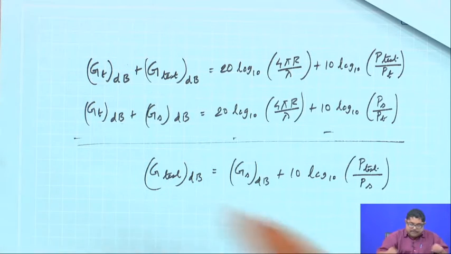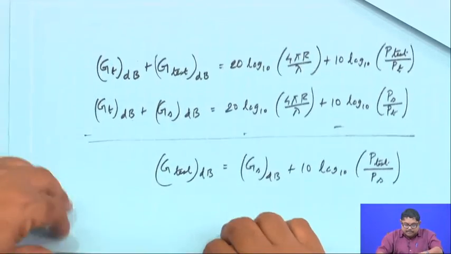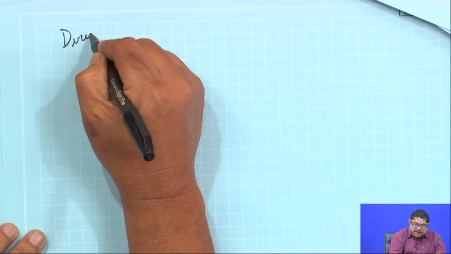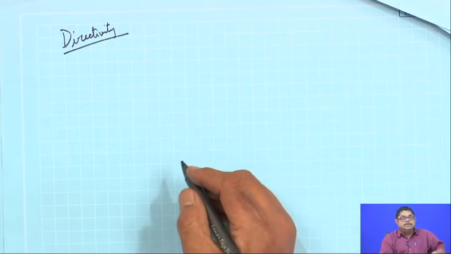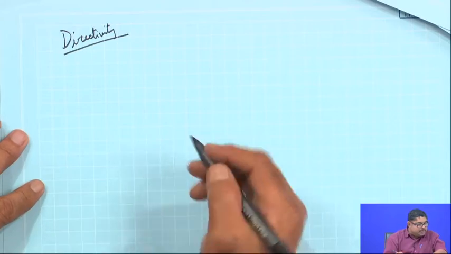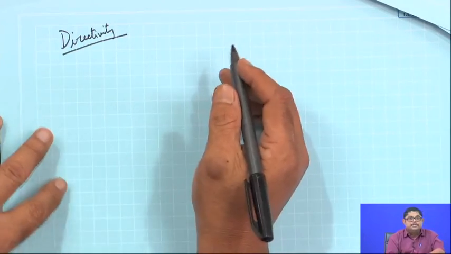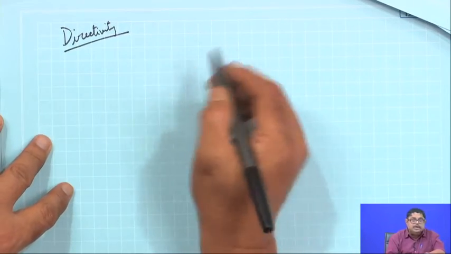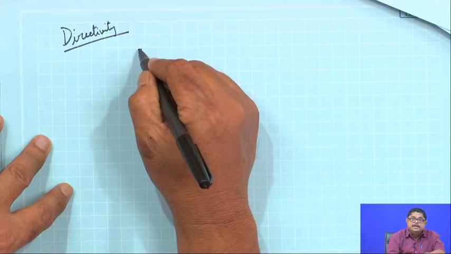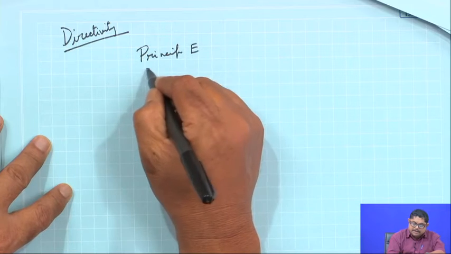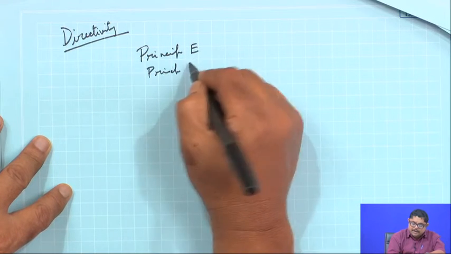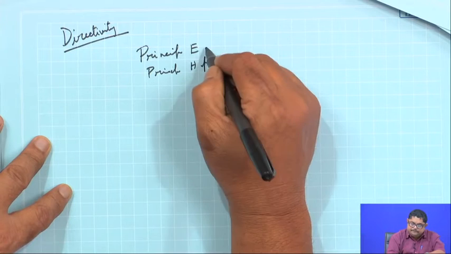Next, directivity you can always measure. So, next is measurement of directivity, because along with gain, directivity also needs to be measured. Approximately, what we can do is take the two principal patterns, the principal E plane and principal H plane pattern.